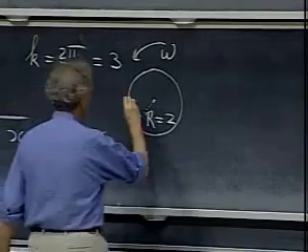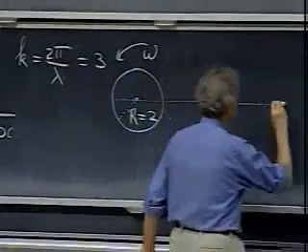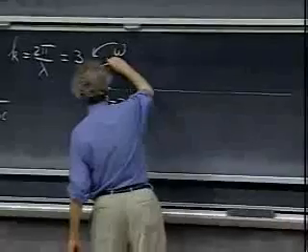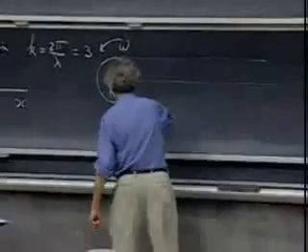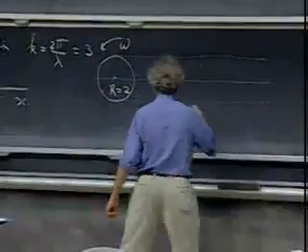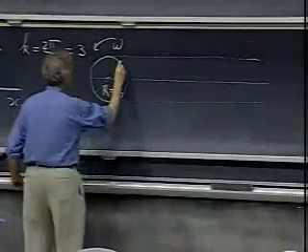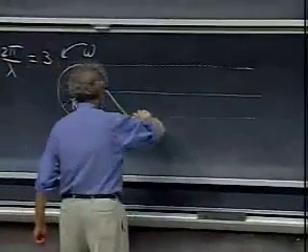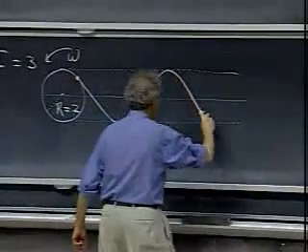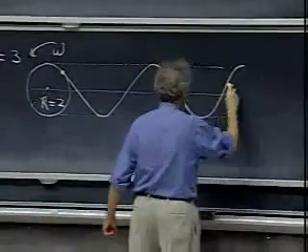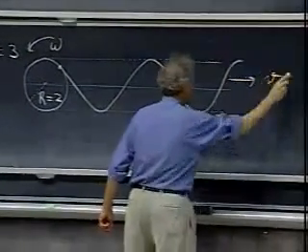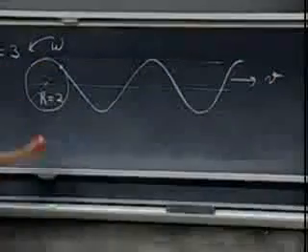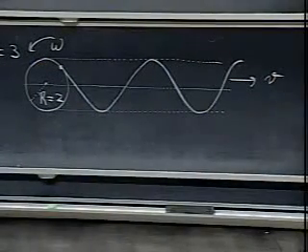And I attach to this a string, and I put some tension on the string, so that I create a wave as I rotate it. The string is attached here, and as it rotates, the wave is going to propagate into the string with a velocity, let's say, v. So I can generate a traveling wave.